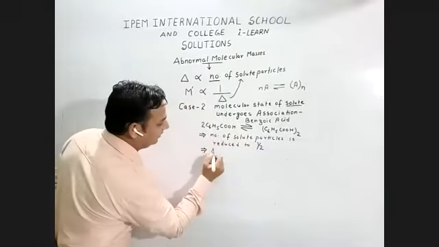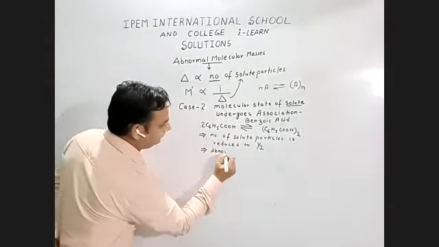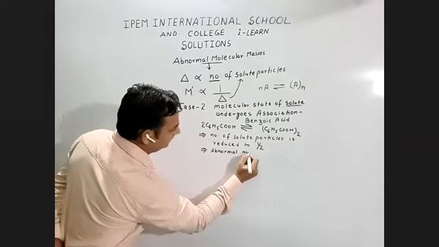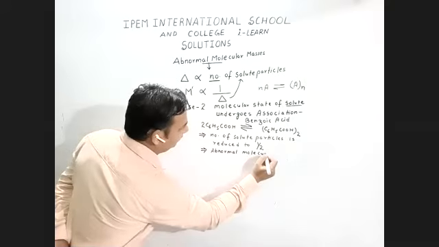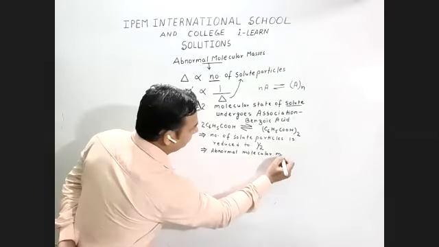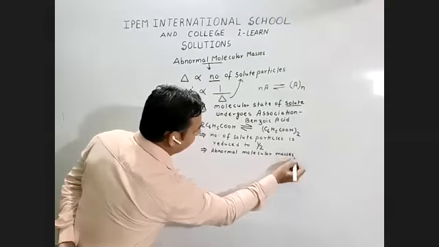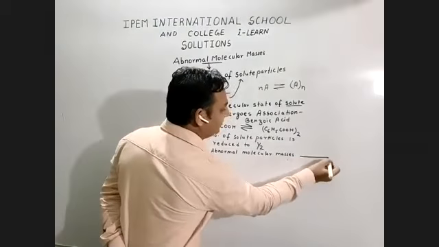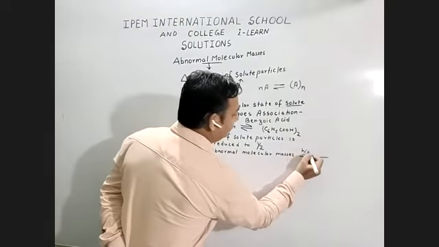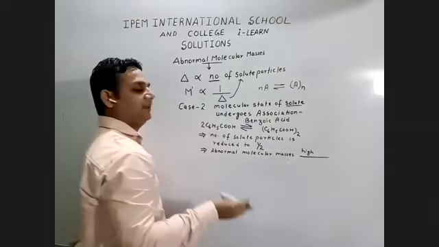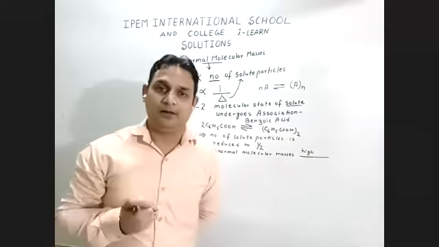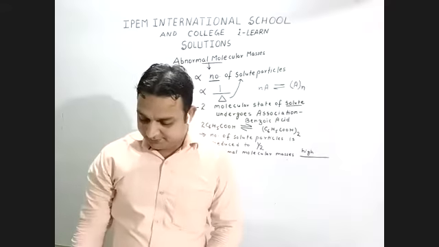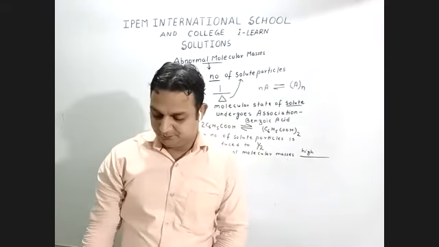So we will get abnormal molecular masses, and that abnormal molecular mass is high as we calculated from its formula. All right. This is about case number 2.